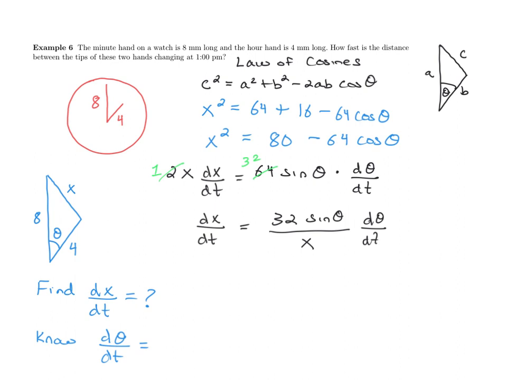All right, well, to start with, what is x? That's going to be this length at 1 o'clock. And I can go back to this formula to figure that out. But that means I'll need to know what theta is equal to. So to get x, I have to know theta. And that is, what is this angle at 1 o'clock?